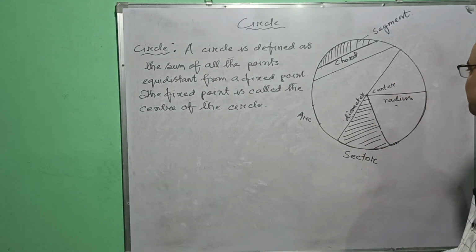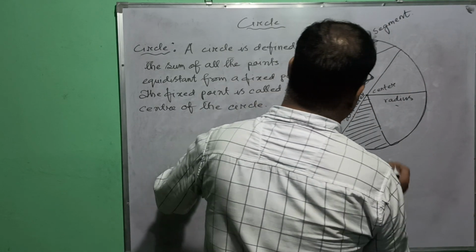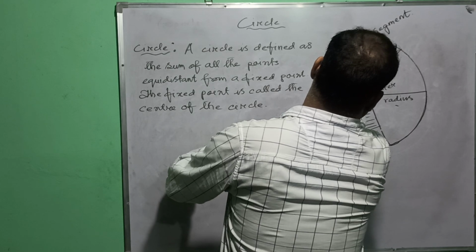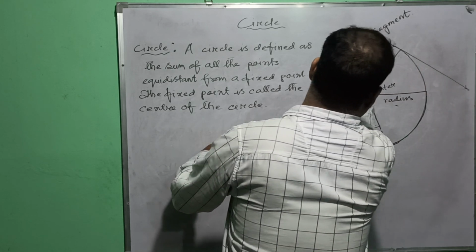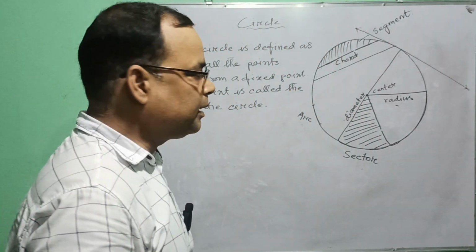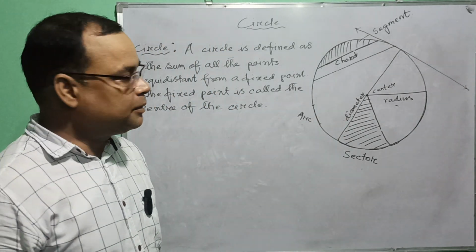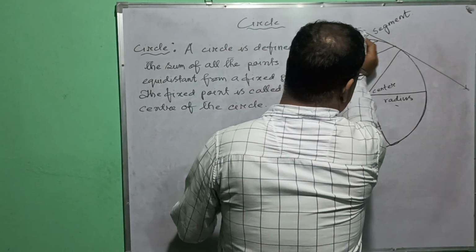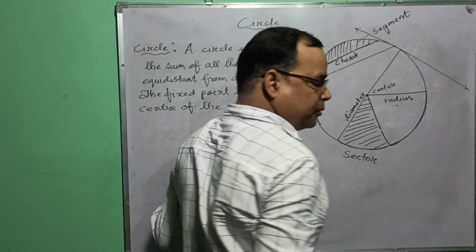So segment also finished. Now we'll define another important part. Suppose it is a line. If you see carefully, you can see that this line just touching the circle and passing away.